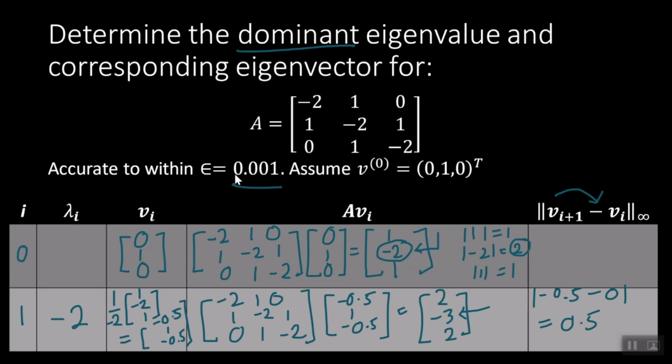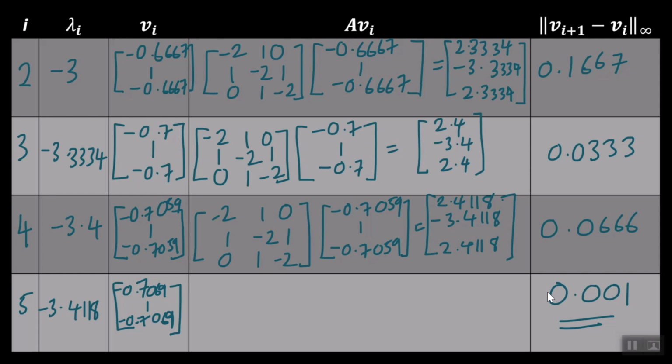Our stopping criteria is 0.001, which is similar to the value of our error. However, we would only stop the iteration when the error or the infinity norm is less than the stopping criteria. So in this case, I would continue with the iteration.